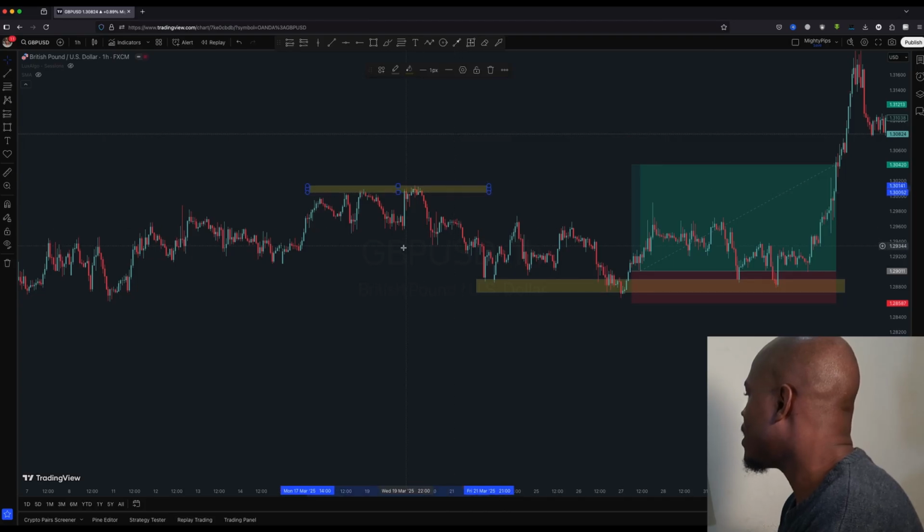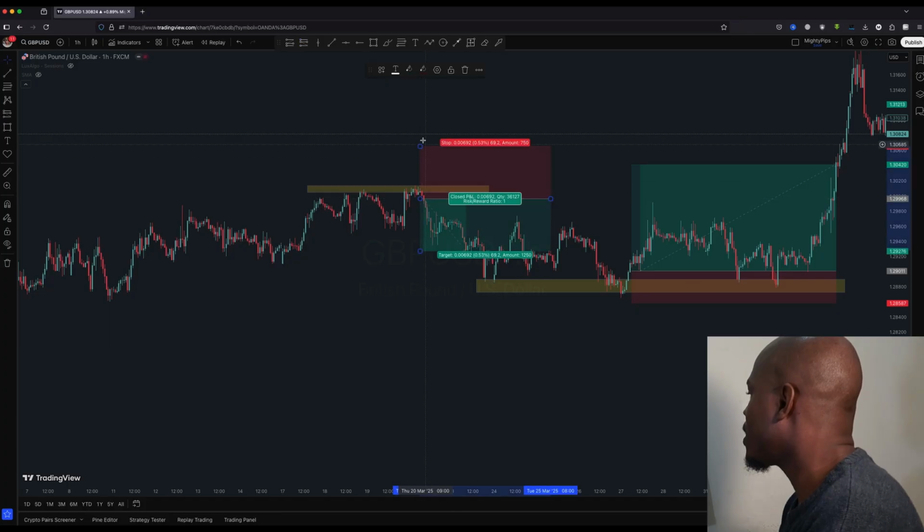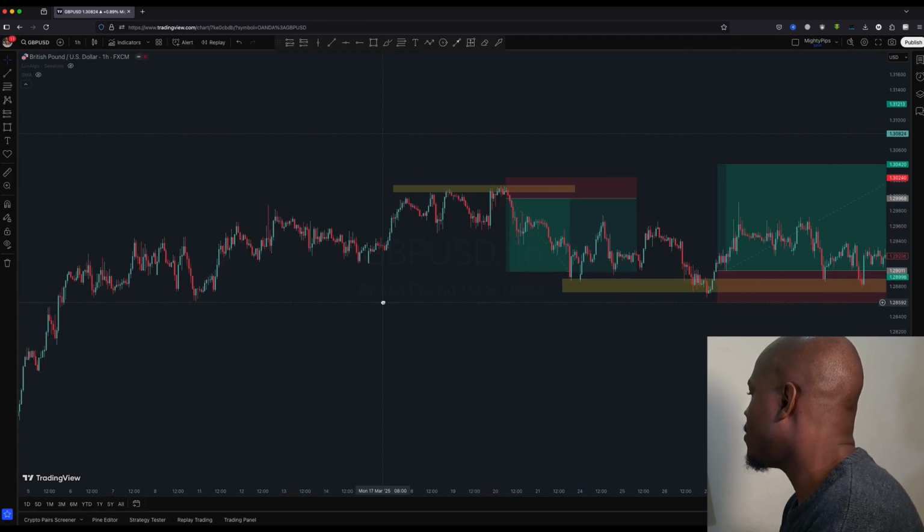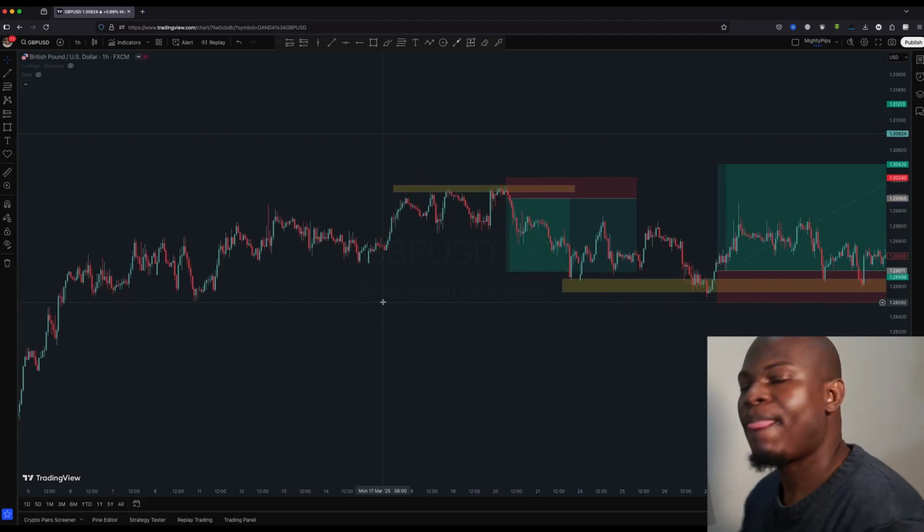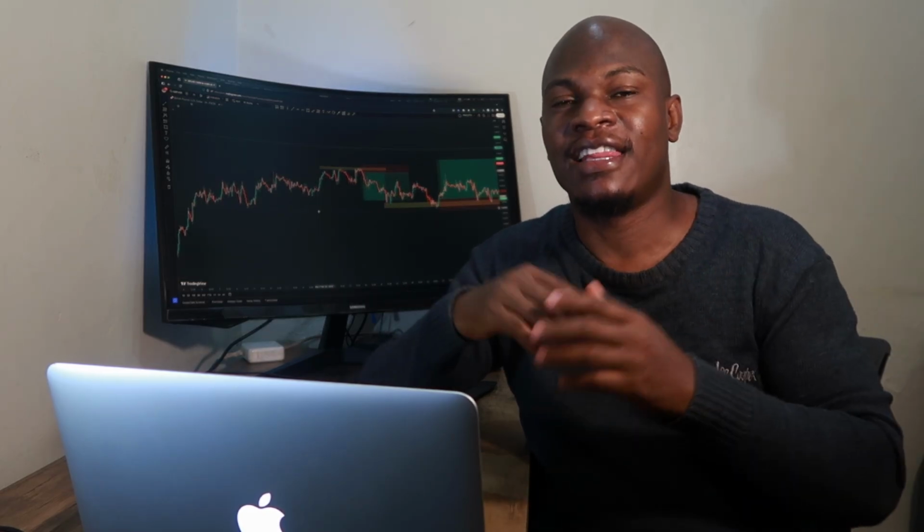So the market bounced once, it bounced twice, and on the third time when it bounced like this, you can sell the market from that point right there, and then you can put your stop loss slightly above resistance, and then you can take your profit at the bottom. So basically, support is the floor of the chart and resistance is the ceiling. That is how you place your trades using a simple strategy.